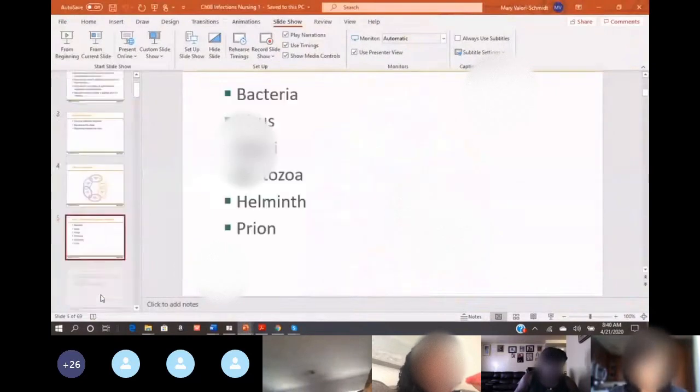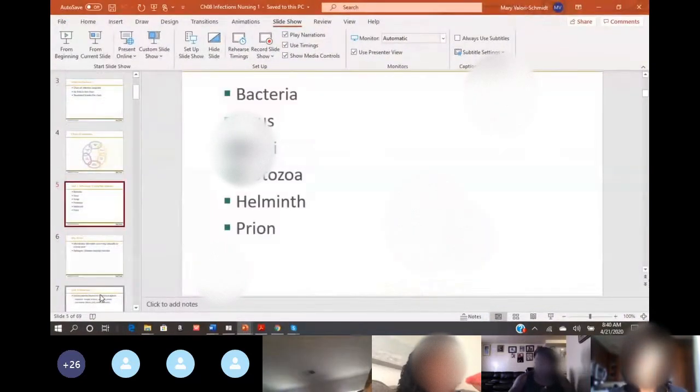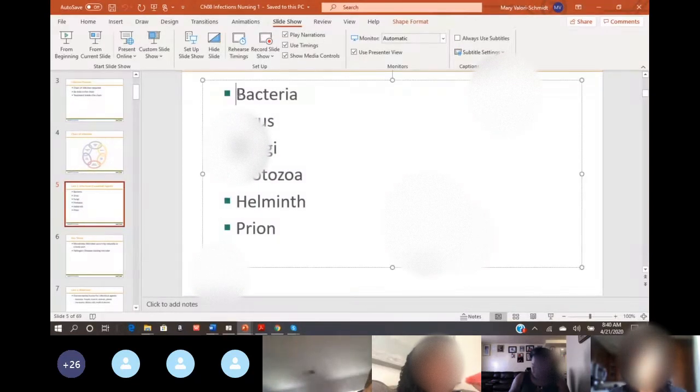Next, this is a list of the things that can cause infection, these pathogens that I spoke of: bacteria, viruses, fungi. I'm not going to get into great details about protozoa, helminths, and prions, so don't worry about those. I want you to worry about bacteria, viruses, and fungi.